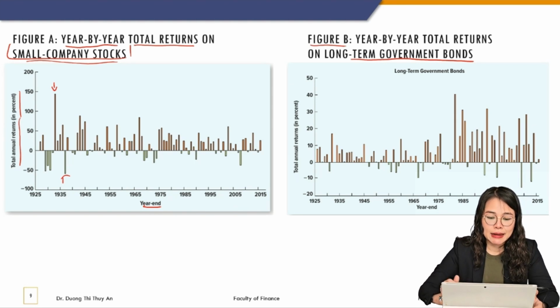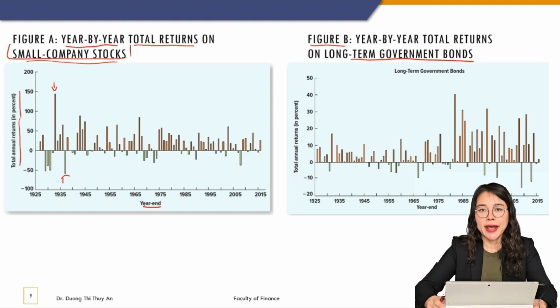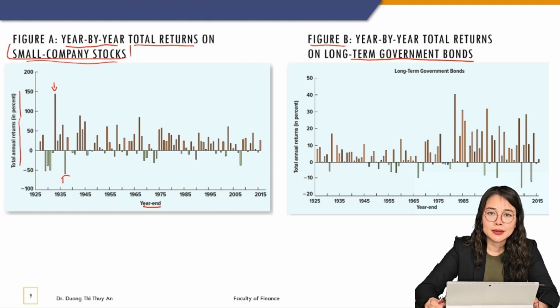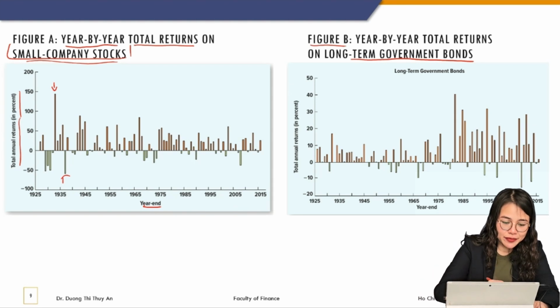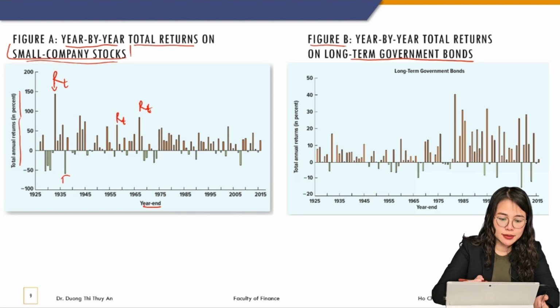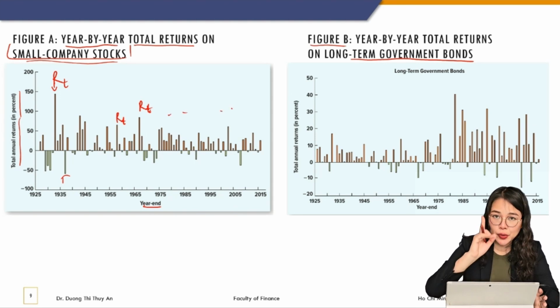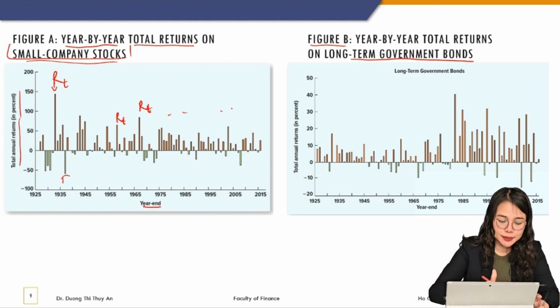Okay? And then if we want to know the average return, what can we do? We take the average, right? So if I call the return of each year R_t, where t is the year, so every year we have one R_t.